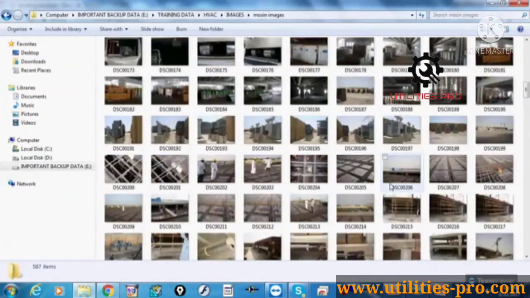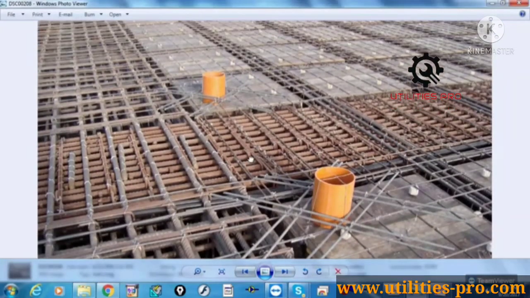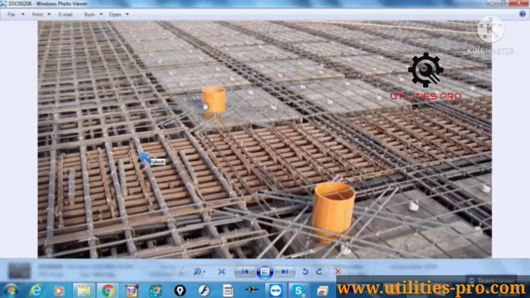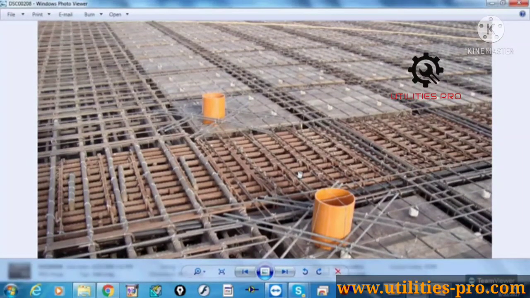For example, yes, online image 0208. So here you can see a pipe sleeve. As per the design drawing, initially as a mechanical engineer, when we are dealing with HVAC, plumbing, and firefighting, it is your responsibility to mark the requirement of the sleeve in the structure, like in the first floor, ground floor, whatever.